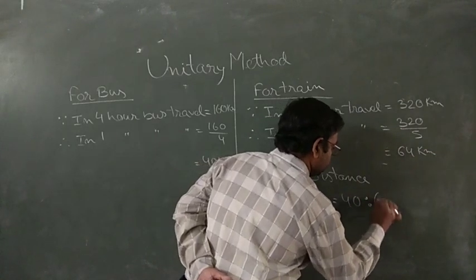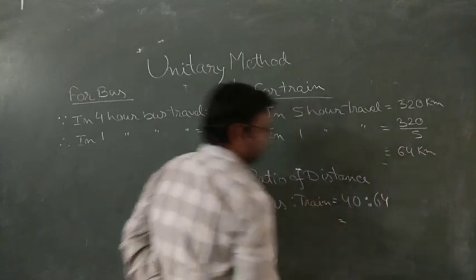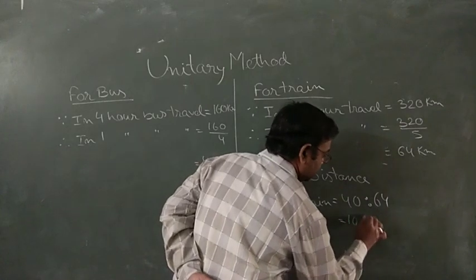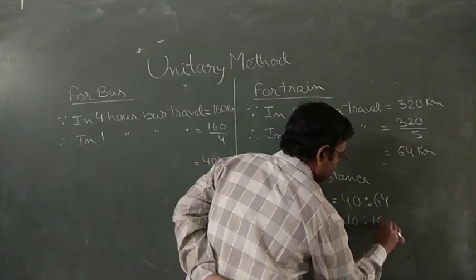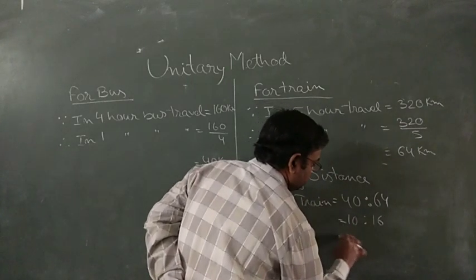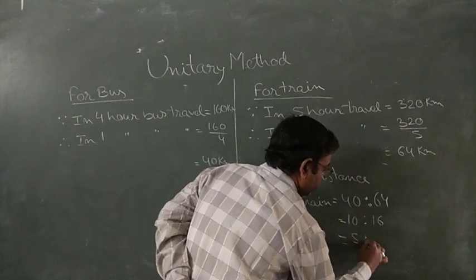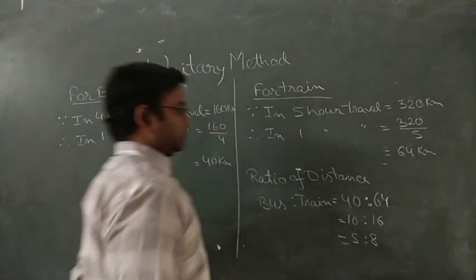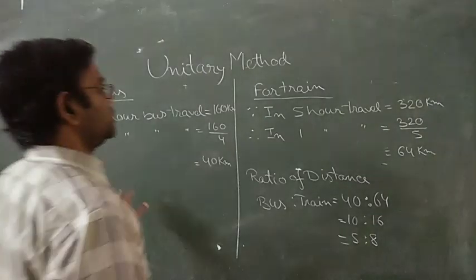When we try to solve, 4 tens are 40, so 5 ratio 8. Clear? I hope all these things are clear.